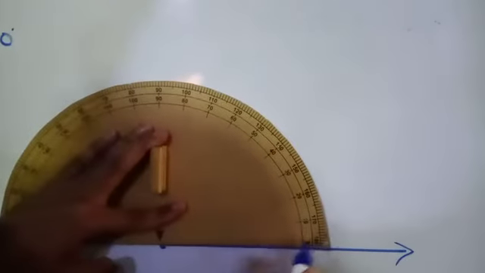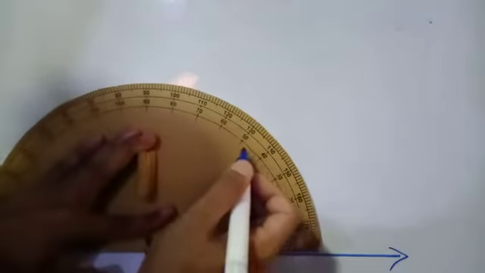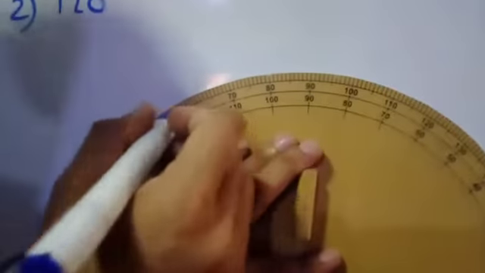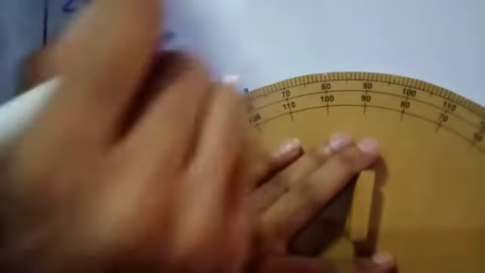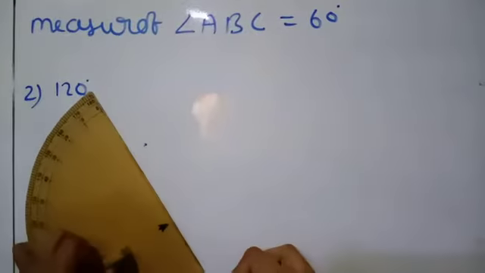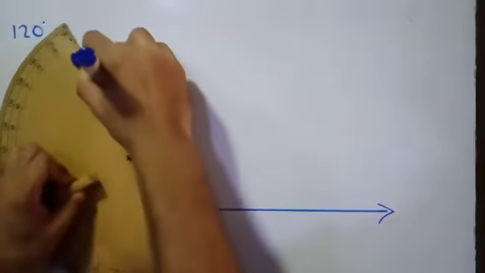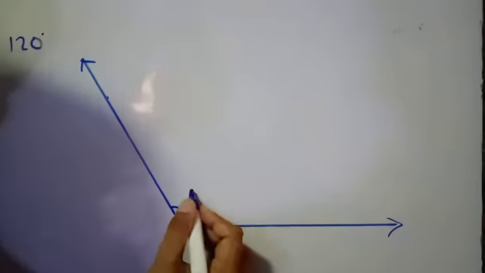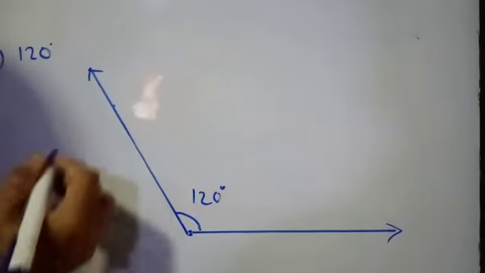So start from here: 10, 20, 30, 40, 50, 60, 70, 80, 90, 100, 110, 120. So we have to put a dot over here, and now we are going to match this with the help of scale or protractor. You can use this way. This is a measure of 120 degree.